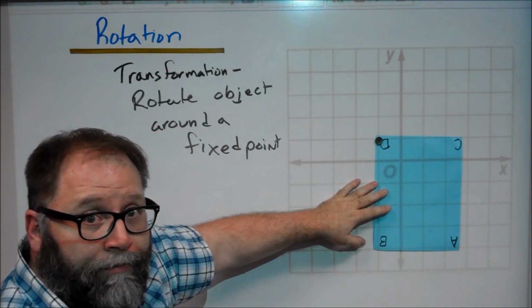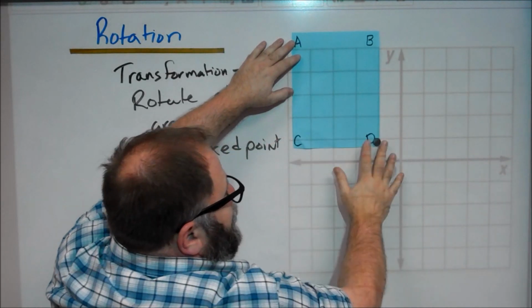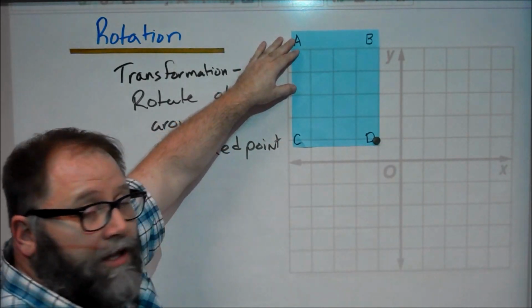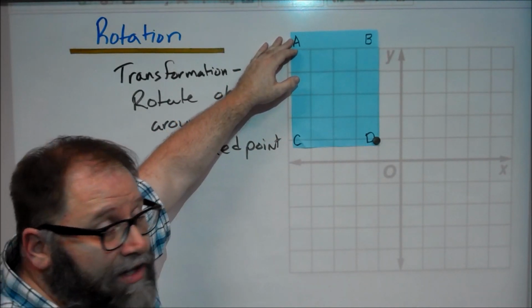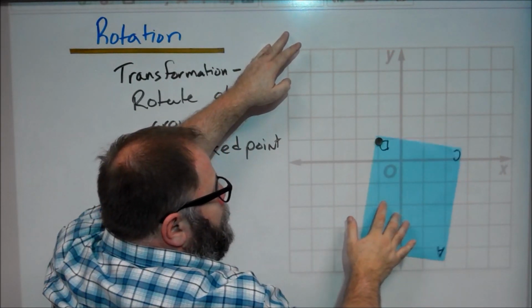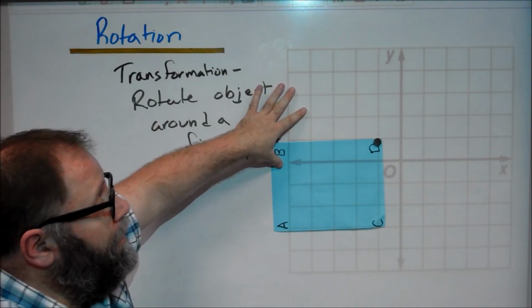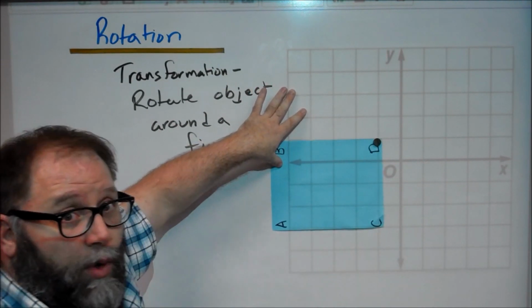Now we're here. This would be our image at this point. If I go back to our pre-image, which we started with here, if we're going to do it 270 degrees, so now we're going to go 3 quadrants. 1, 2, 3. That's 3 quadrants of turning around a center of rotation, which is point D.